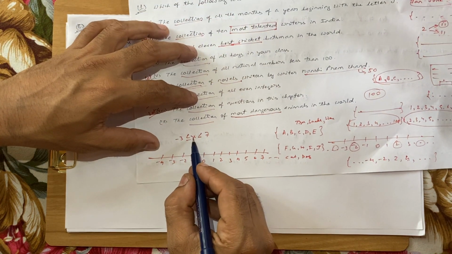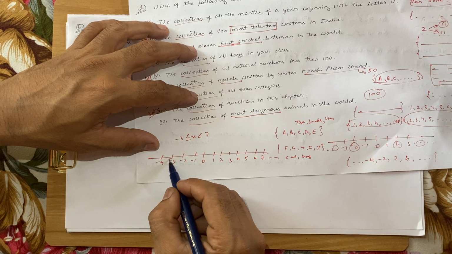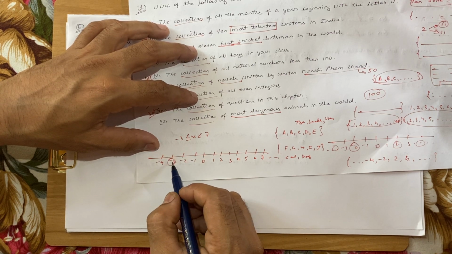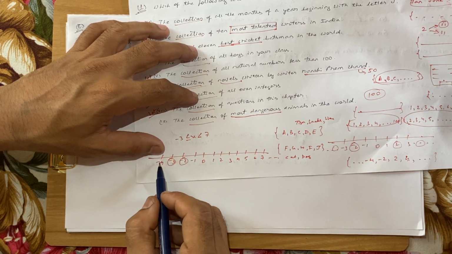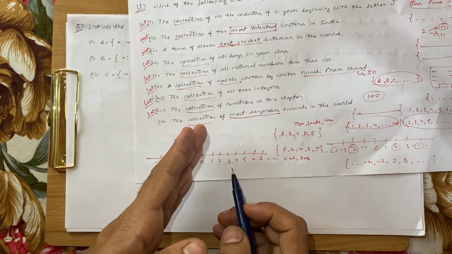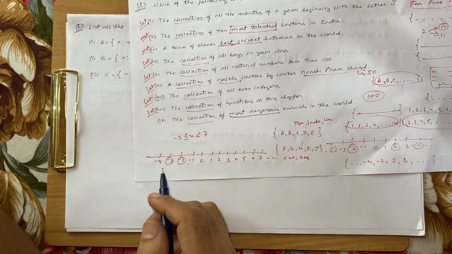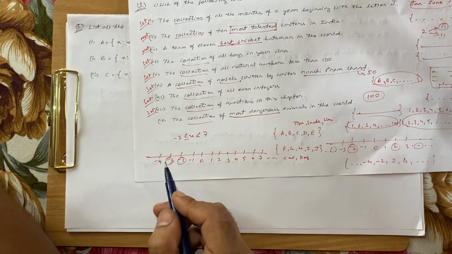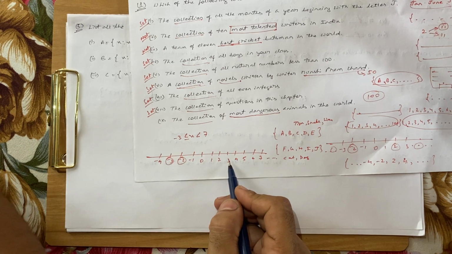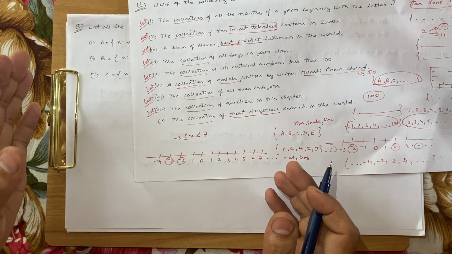It says x is greater than or equal to -3, so the -3 point is included. Greater than -3, this is -2, because -4 is less than -3. When you go to the left hand side of 0, the value goes on decreasing. Although you may say that 4 is bigger than 3, -4 is smaller than -3. As you move to the right hand side, the value goes on increasing. As you move to the left hand side, it goes on decreasing.